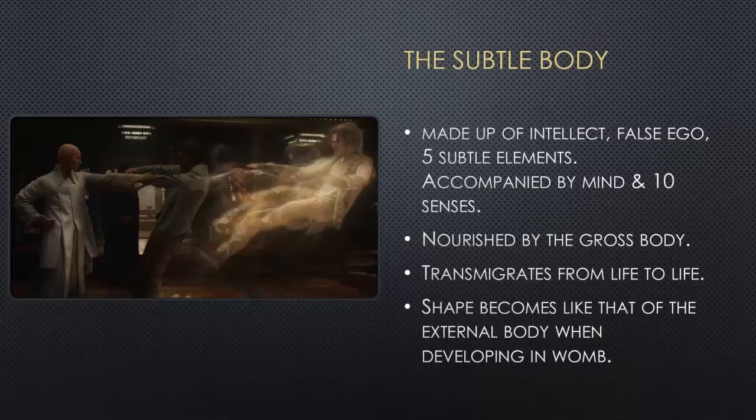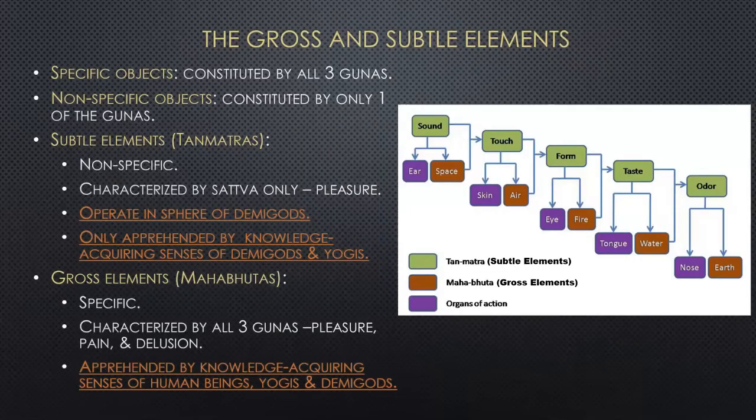Now, here's where we start getting a little more into perception, combining what we said about the gunas with these subtle elements. There are objects that are called specific and objects that are called non-specific. The objects that are specific are said to be constituted by all three gunas: goodness, passion, and ignorance, sattva, rajas, and tamas.